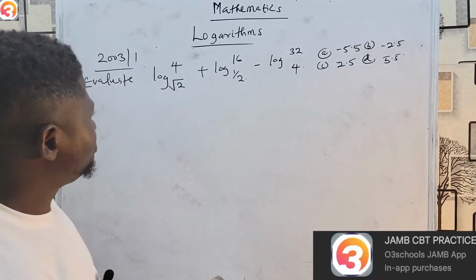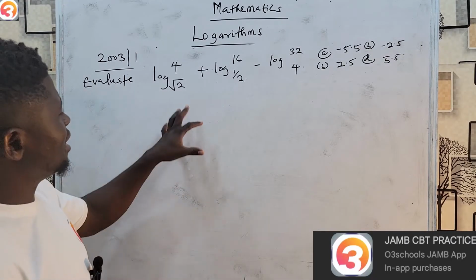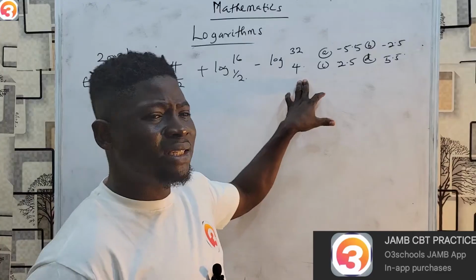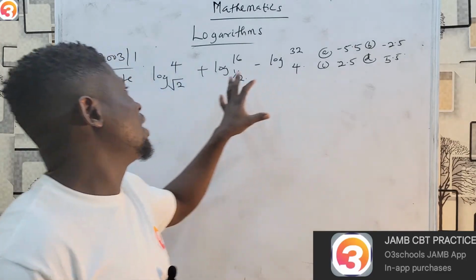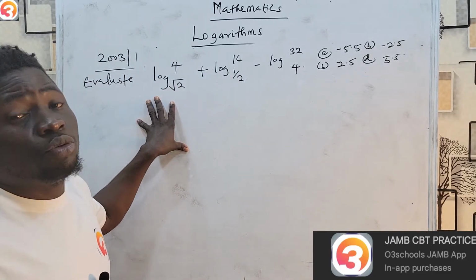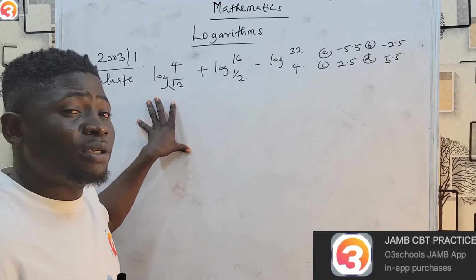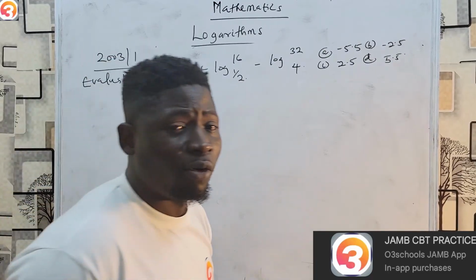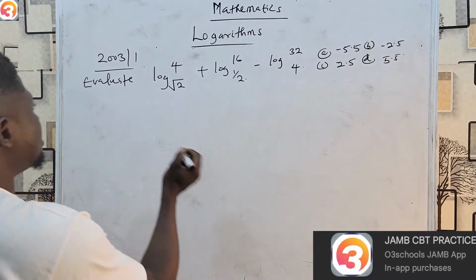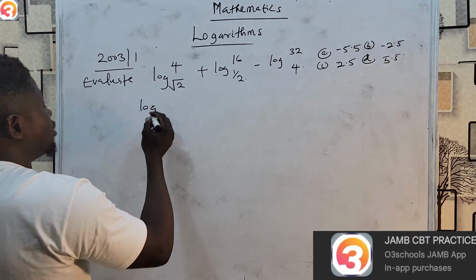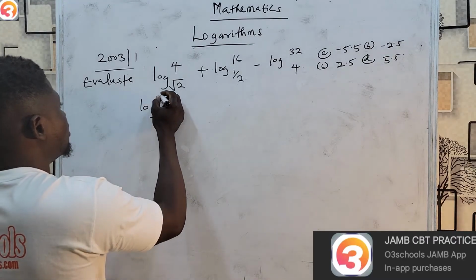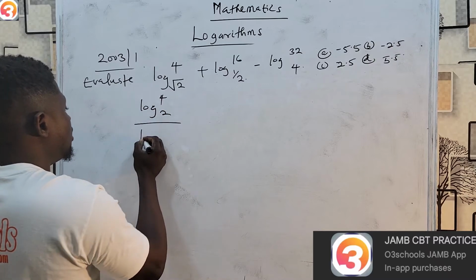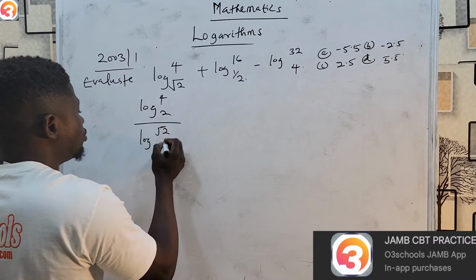All right, so then let's go. You can see the bases given here, they are pretty uncomfortable. So we can introduce a new base, let's say 2 for example. We can introduce a new base 2 that can work for all of them. So introducing a new base now, I'm going to have logarithm of 4 base 2 over logarithm of root 2 to base 2.